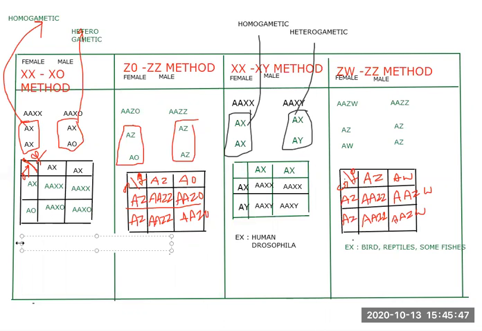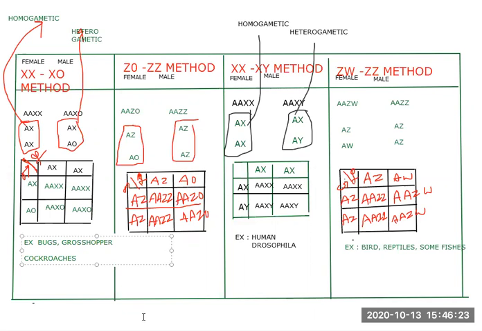I am writing examples here. The XX, XO method we can see in bugs, in grasshoppers, and in some cockroaches also.